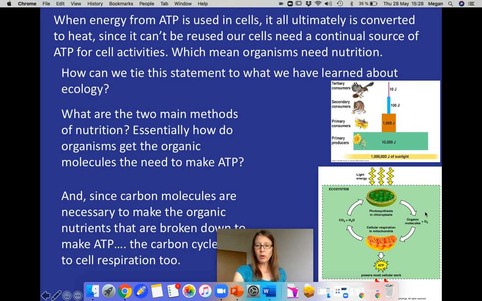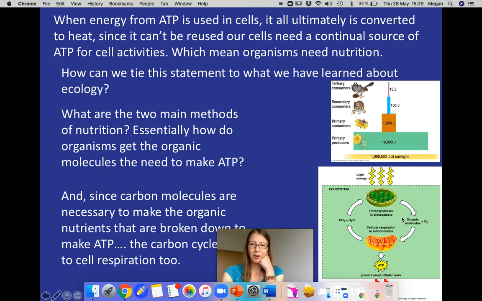So all those organic molecules get used. And what we get out of that is ATP, either made by the plant or by the other organisms. And then ATP is released, and carbon dioxide is a byproduct. Okay, so that carbon dioxide then gets taken in by the plant. Some light energy builds back to those organic molecules. So this is both tracking energy and the carbon.